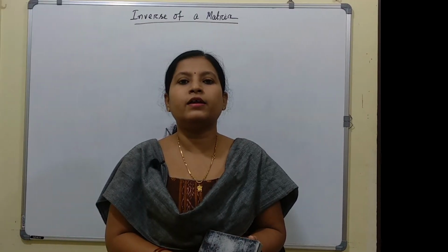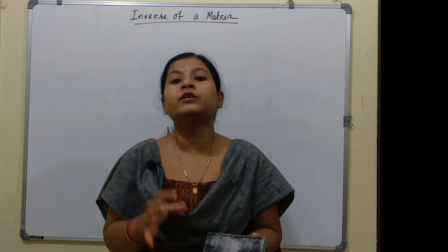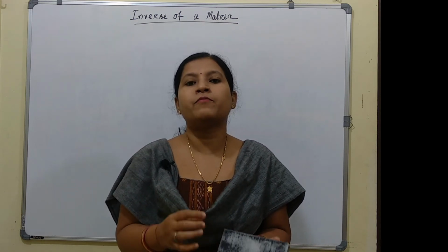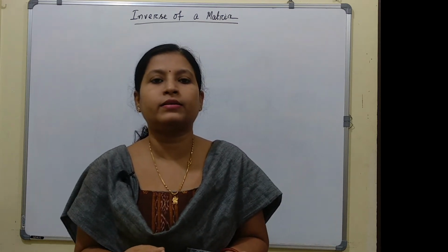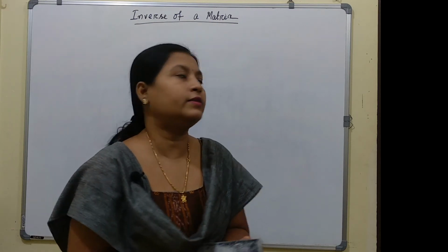Let us start the inverse of a matrix. We can define the inverse of a square matrix. If a matrix is not a square matrix, then we cannot define its inverse.